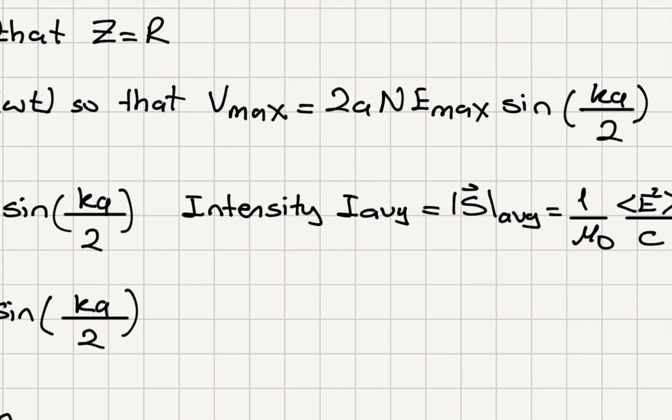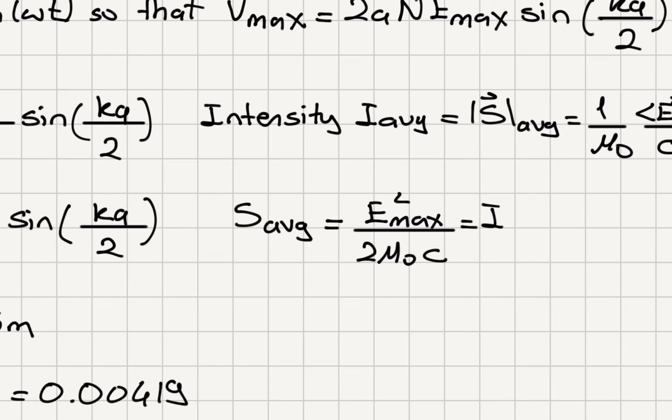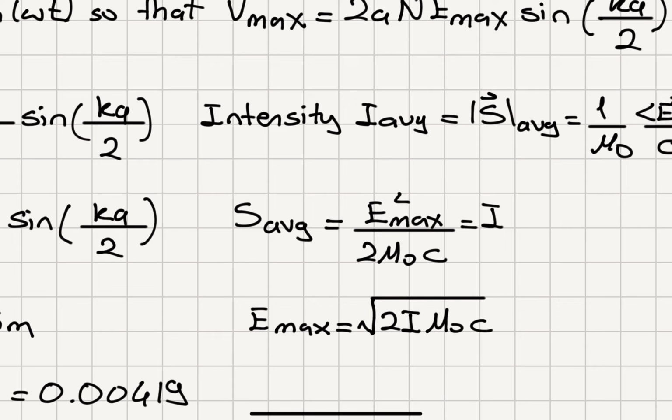So S average, which gives us the intensity, is E max squared divided by 2 mu 0 C, because the time average of E squared is E max squared over 2. From this we obtain the maximum electric field as the square root of 2 I mu 0 C. So that's what we will use in our calculation.